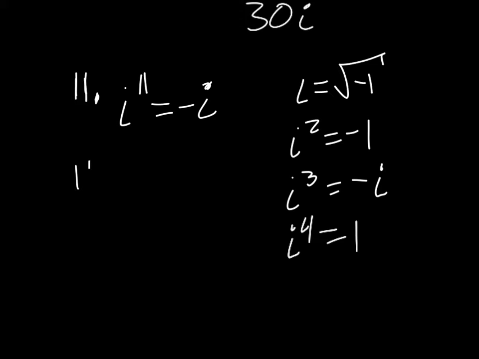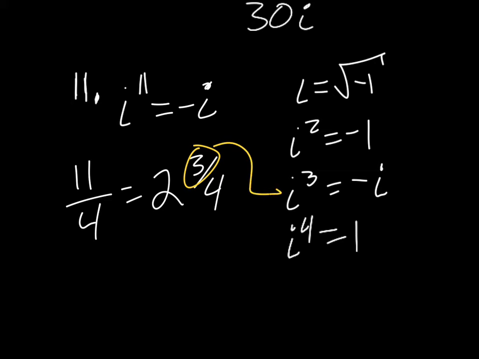So if we took this exponent 11 and divided by 4, we would get 2 and 3/4. The 3 would tell you that you're at the 3rd spot. So then you could do, like, what did I say, 832?